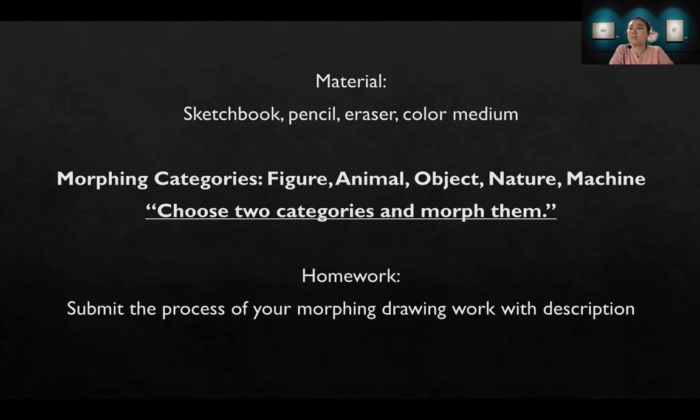For example, you can choose a human being as the figure category and a horse for the animal category. And as usual, please post the work process of your morphing drawing with a short description, and please reply to your peers.